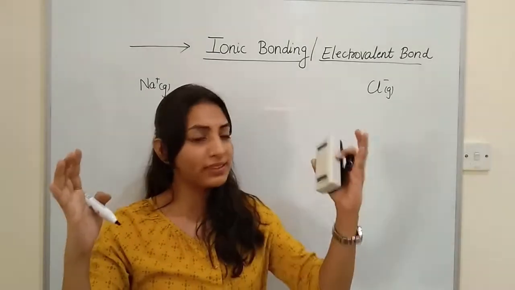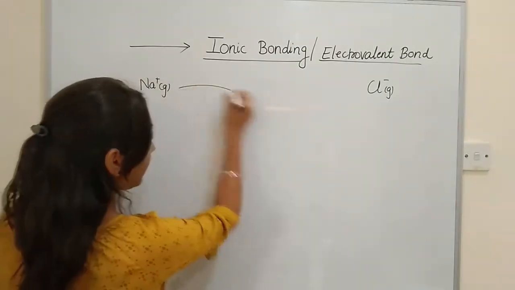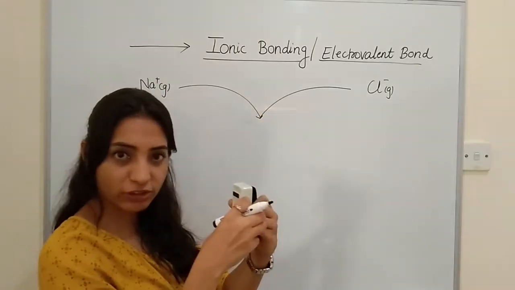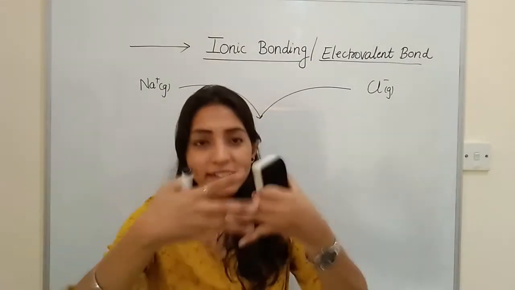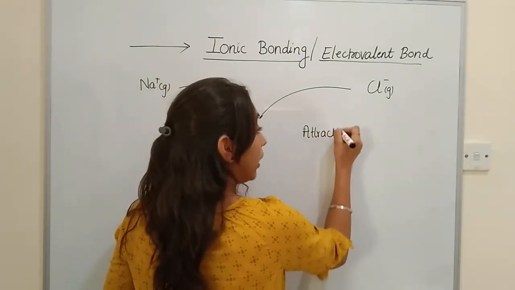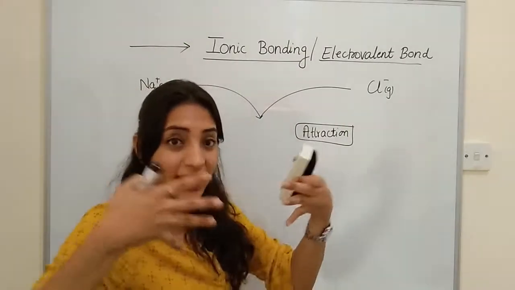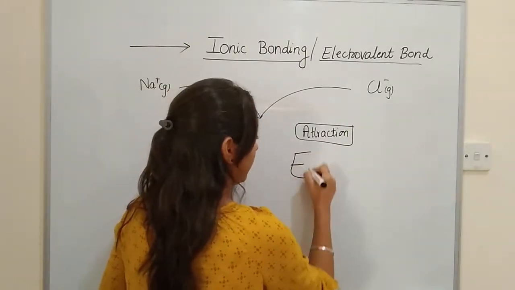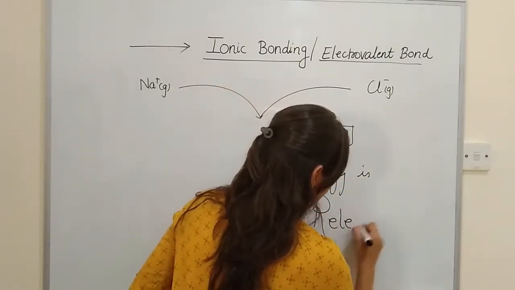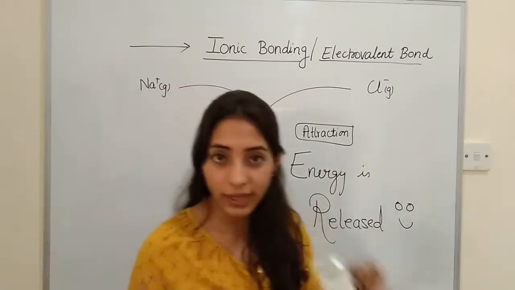As soon as Na plus and Cl minus, these positive and negatively charged particles, try to come close to each other, and you know when they attract each other, do remember one point, that when two things are attracted to each other, energy is released. That's it. Understood?